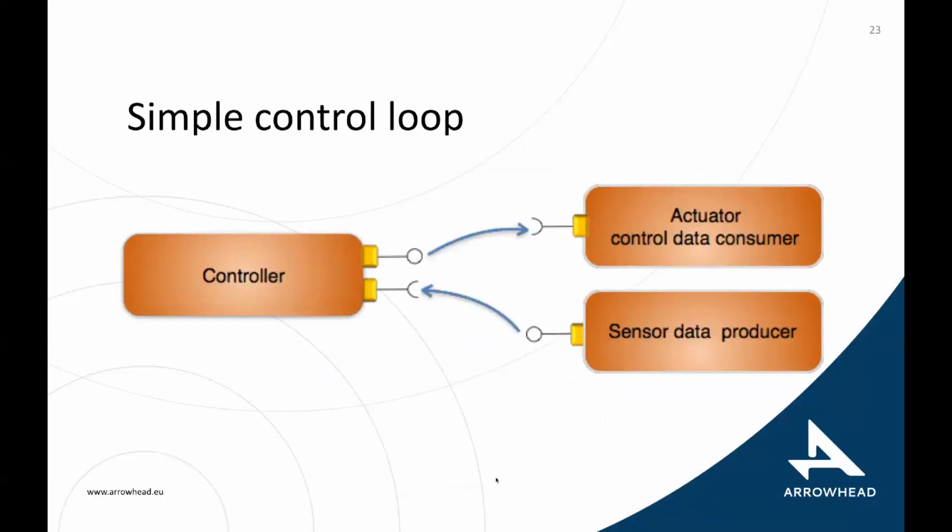So this is a simple control loop where we have a sensor that is producing data, which is consumed by a controller, which in turn is producing a set point for an actuator, which is then consumed by the actuator as such.